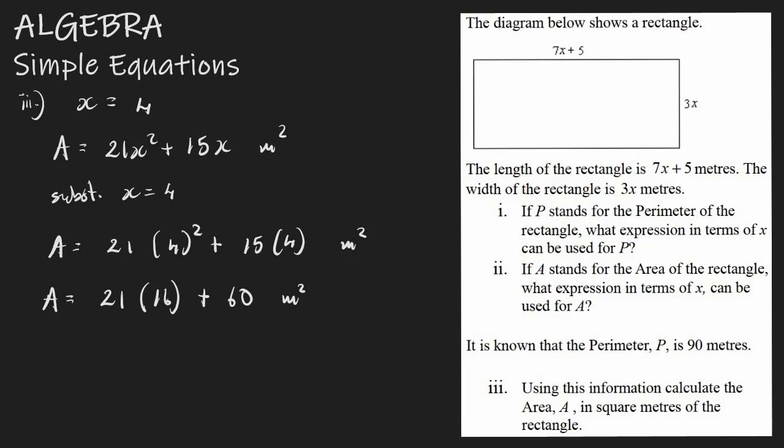And this is, of course, in meters squared. A is equal to 21 times 16, that is equal to 336, plus 60. Therefore, A is equal to 336 plus 60, that is equal to 396 meters squared.